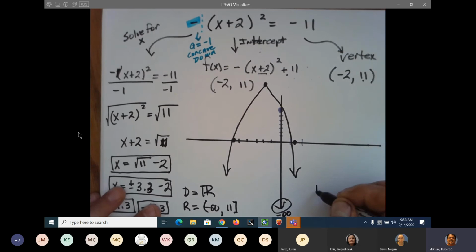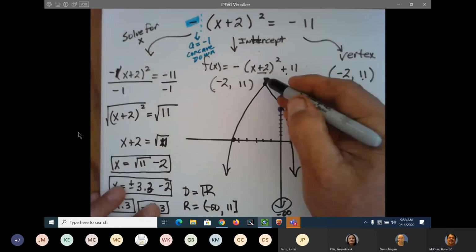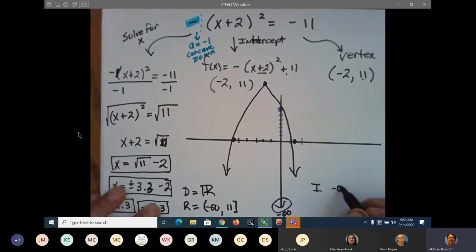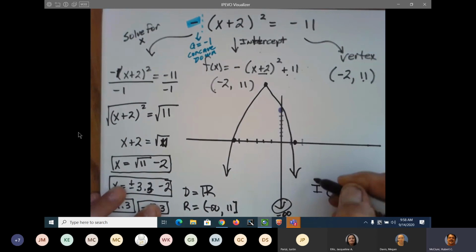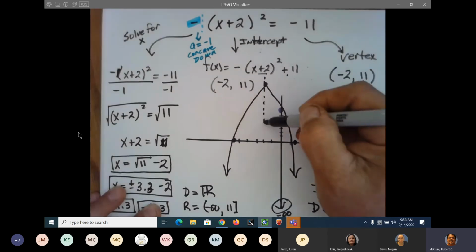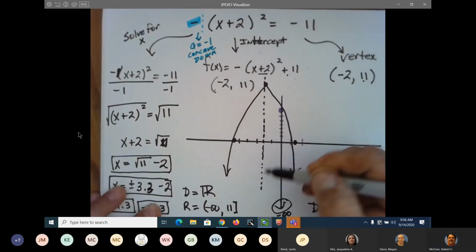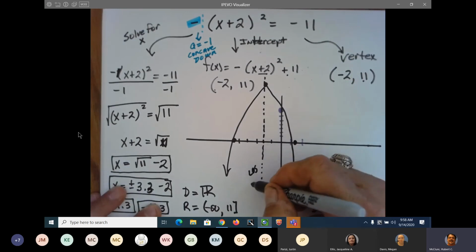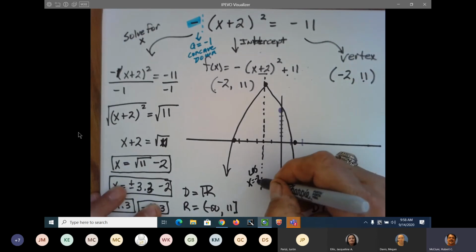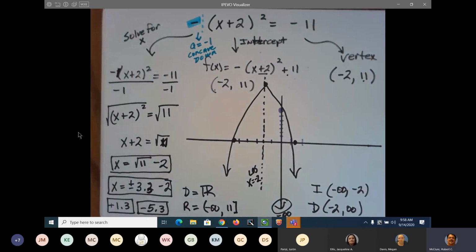Increasing, my plane is going up, increasing from -infinity to -2. And decreasing, my plane is going down, from -2 to infinity. And of course, the line of symmetry always goes through the vertex at -2. And again, we have just done another level.